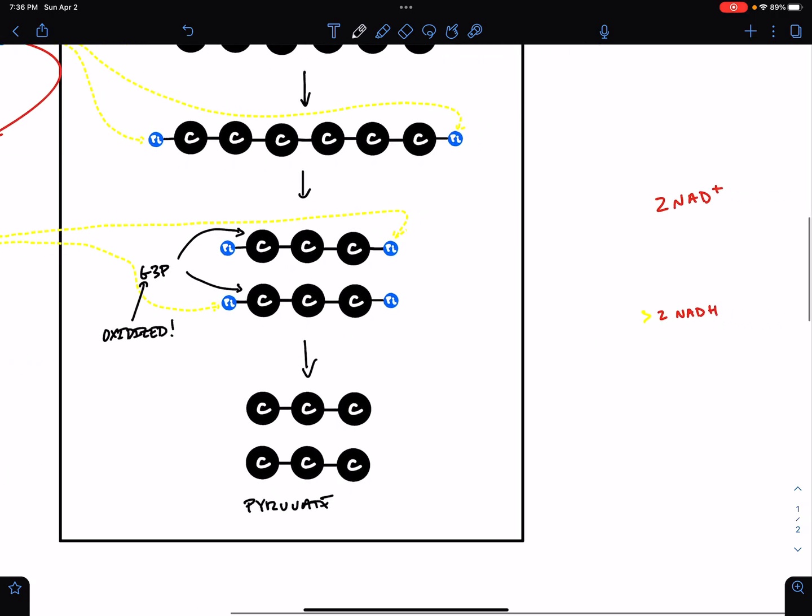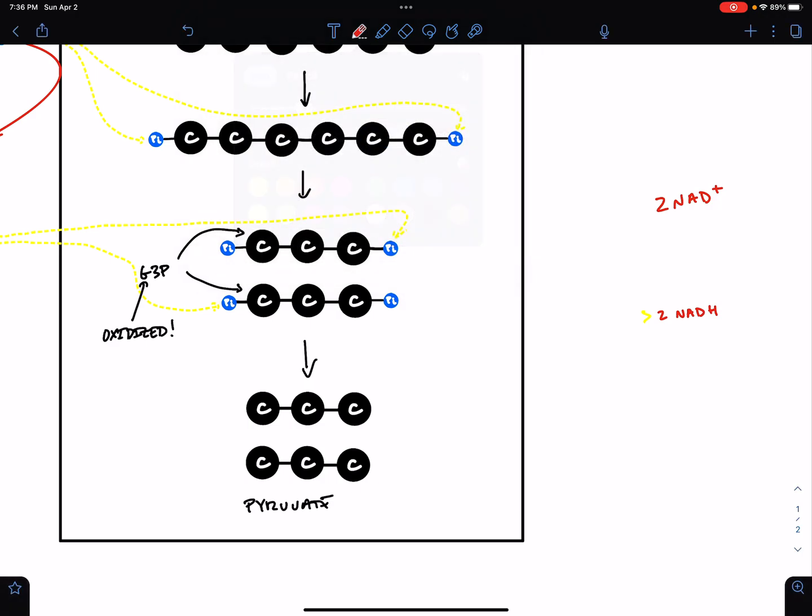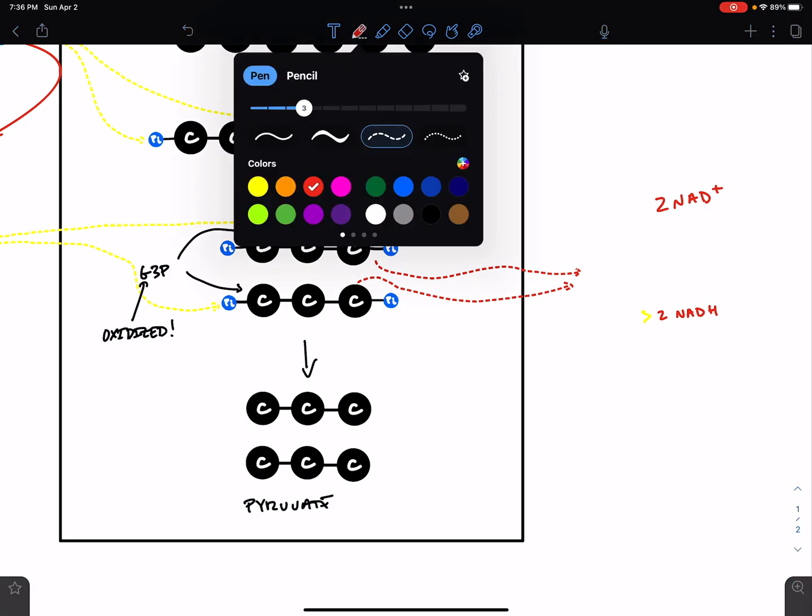So the electrons are stripped away from G3P.